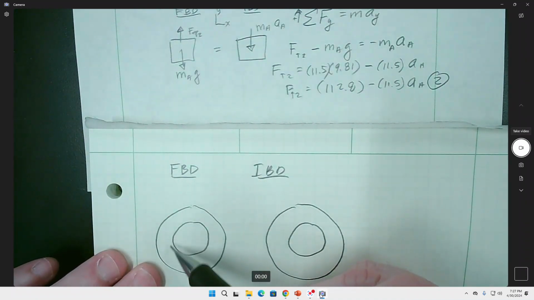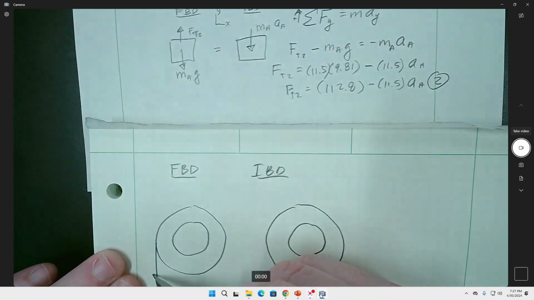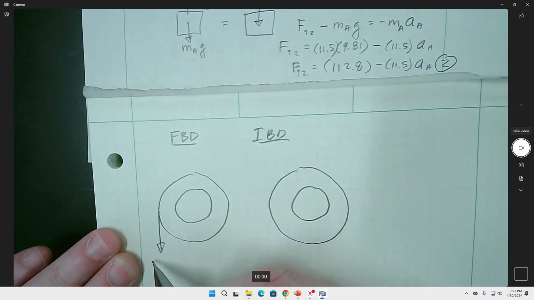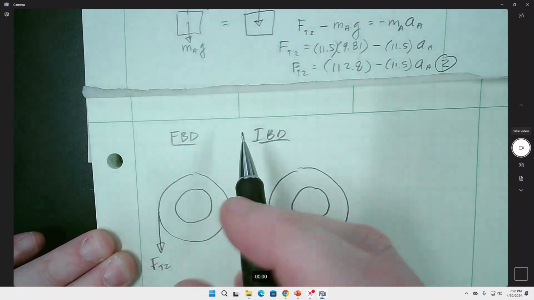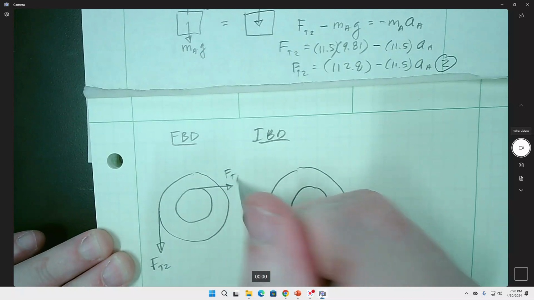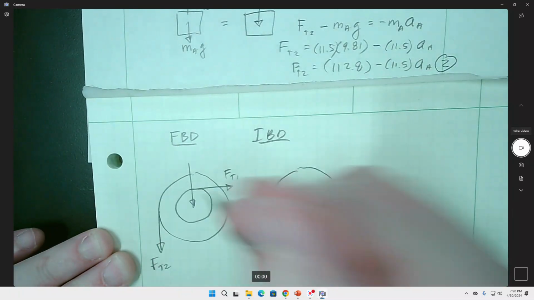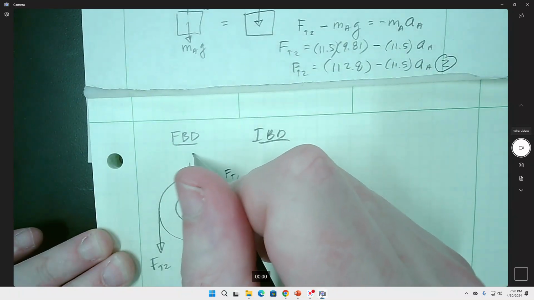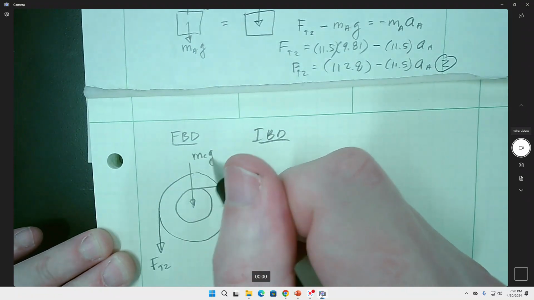Okay, so let's see. We're going to make this force, which should be that way or down there, FT2. And this force over here is going to be FT1. We could have the whole thing of MCG.